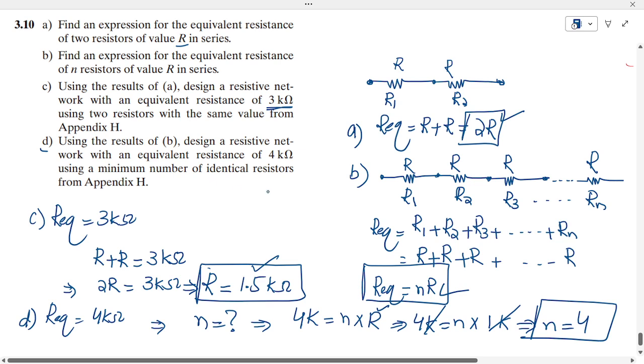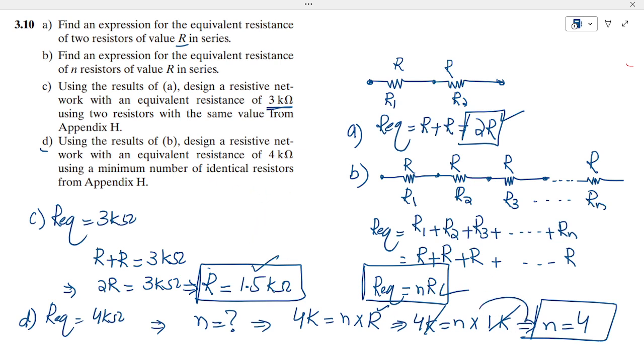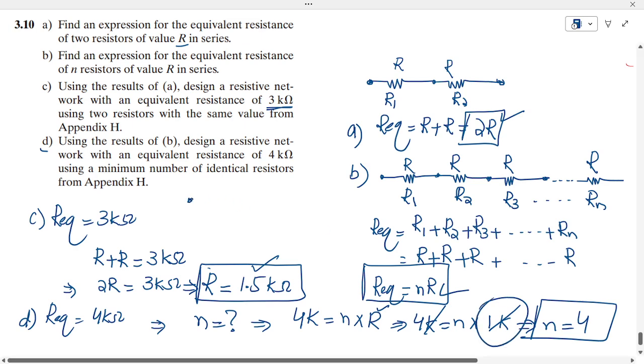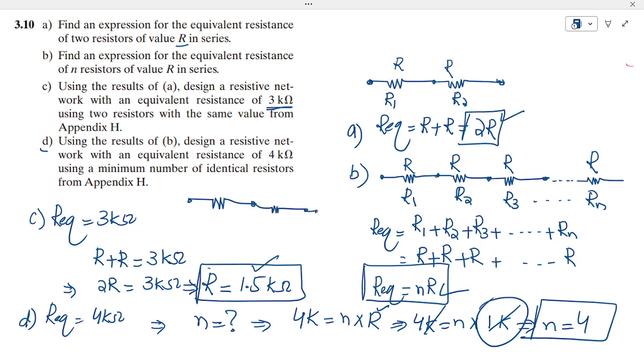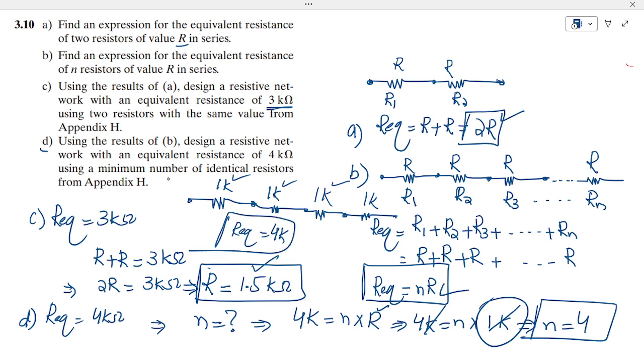So the 4 equal-value resistors, which are 1 kilo ohm each, are connected in series. Okay, these are here, 1K, 1K, 1K and 1K. These are connected in series, their values are equal, and the equivalent resistance of them is the summation of all, which is 4K, which satisfies the condition here, and the value of n is 4.